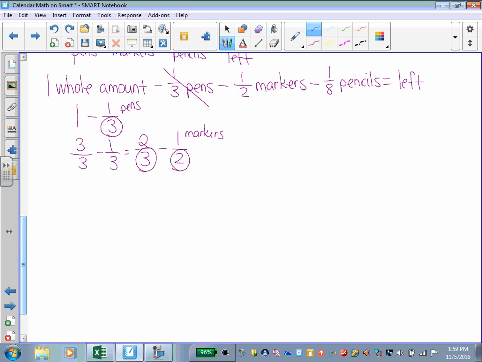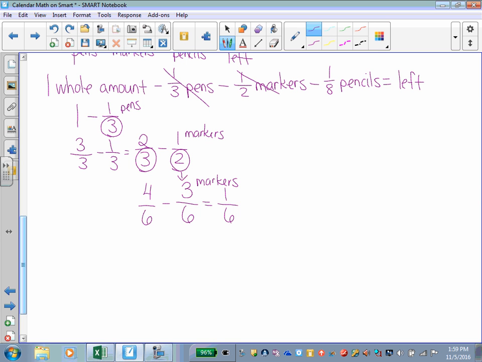So our common denominator for 3 and 2 is going to be 6. 3 times 2 is 6. 3 times 1 is 3. 2 times 2 is 4. So this 1/2 actually became 3/6. So we have the 4/6 that's left after she bought the pens, minus the 3/6, which is the markers, and she has 1/6 of her money left.